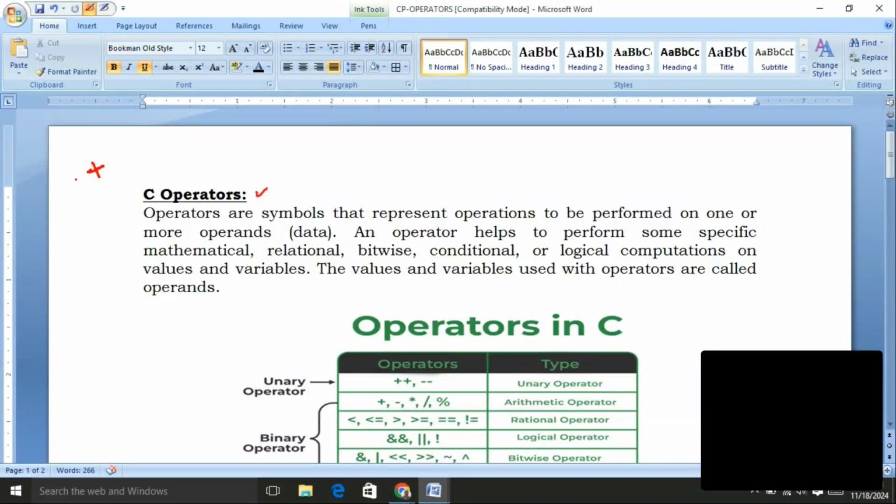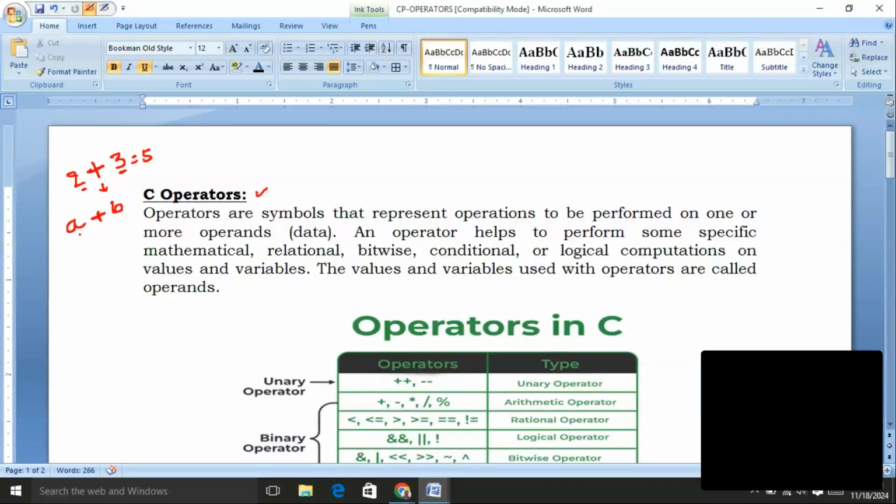For example, suppose we write 2 plus 3. 2 and 3 are the values. Plus is the symbol to represent addition, and the result is 5. Here we consider 2 and 3 as the data or values. Suppose we write the same as the expression A plus B. The plus is the operator, the symbol that represents the operation of addition.